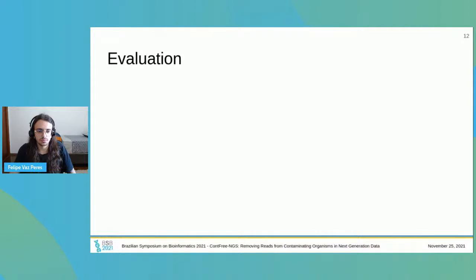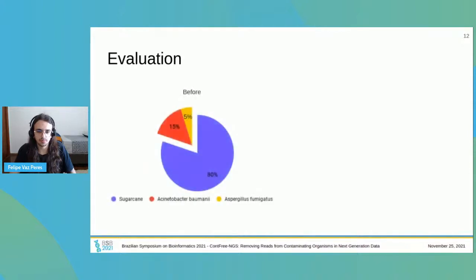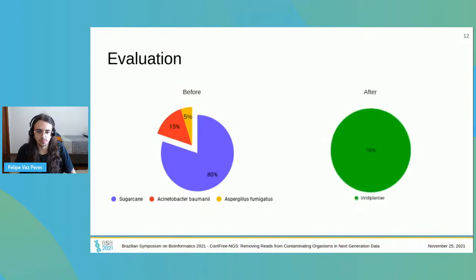In the final step of the evaluation, we looked at the numbers of sequences in the datasets. So that is the distribution before the contamination removal, and after the contamination removal, selecting the plant taxon as the target taxon, we can remove all the contamination with ContFree-NGS.